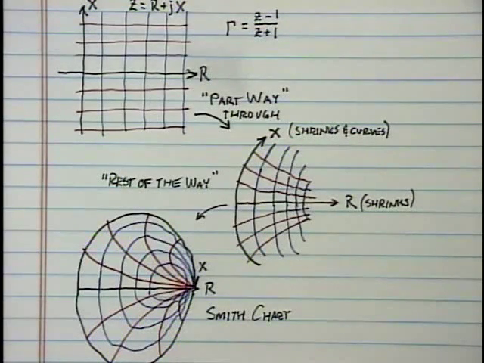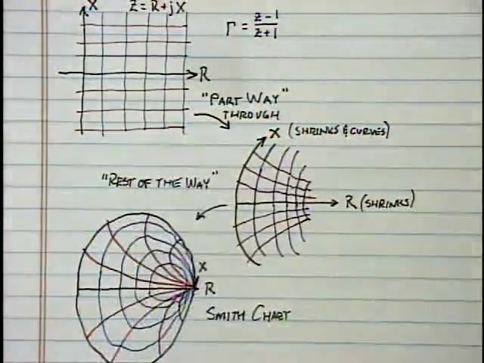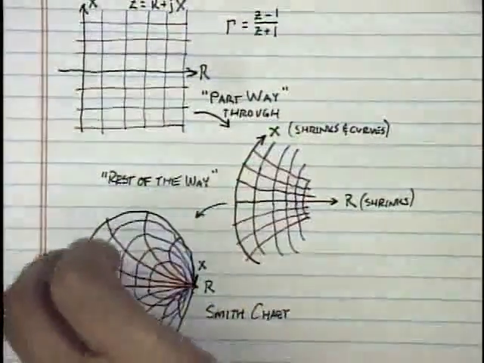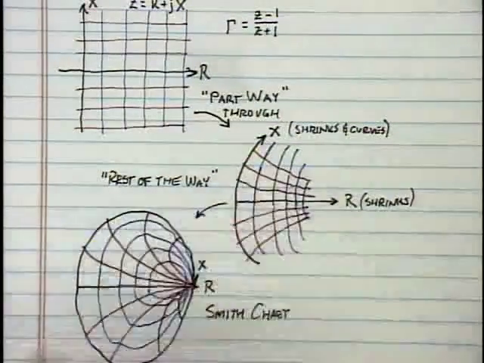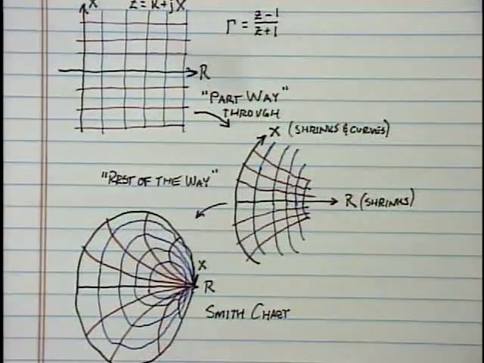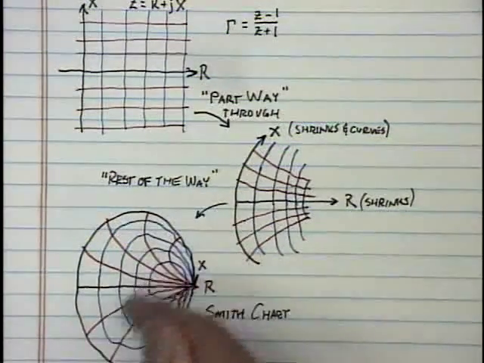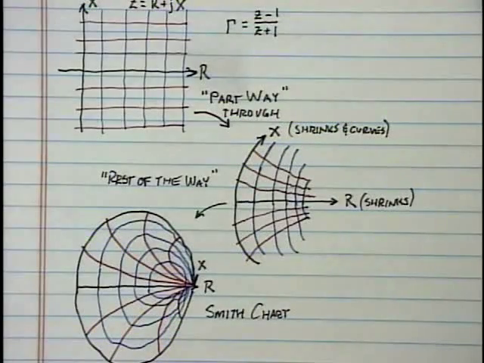I remember that the lines of constant resistance become the blue curves, and the lines of constant reactance in the normal impedance plane become these arcs inside of the Smith chart. So that's a picture that I use to help me understand the Smith chart.